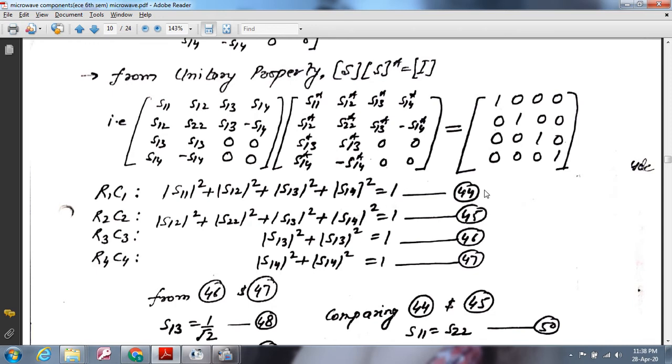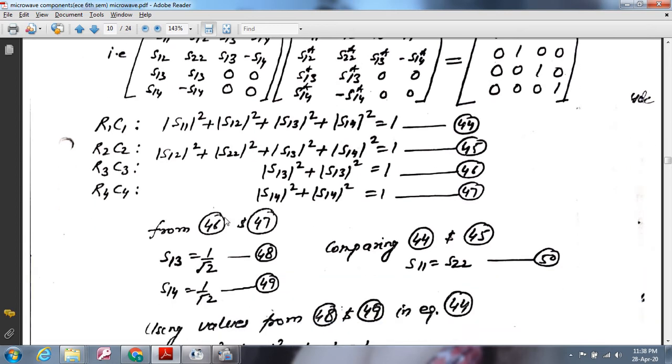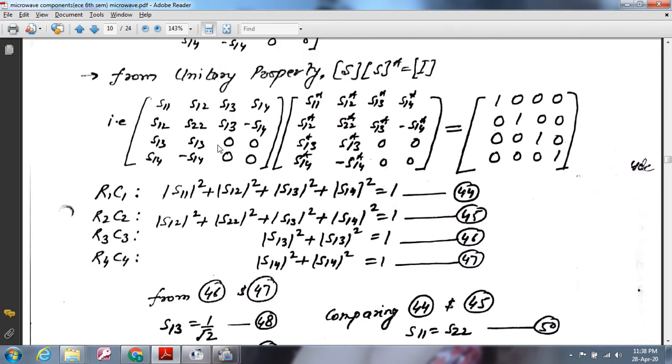This is the 44th equation. Similarly, R2C2 will be equal to S12 square plus S22 square plus S13 square plus S14 square equals 1. This is the 45th equation. Similarly, we take R3C3, row number 3 and column number 3, and the multiplication of this row and this column is S13 square plus S13 square equals 1.